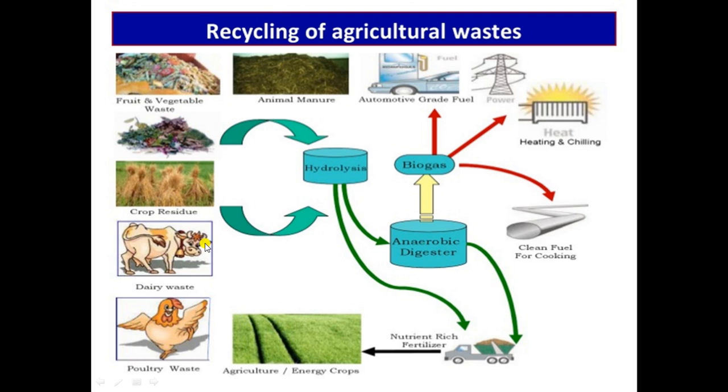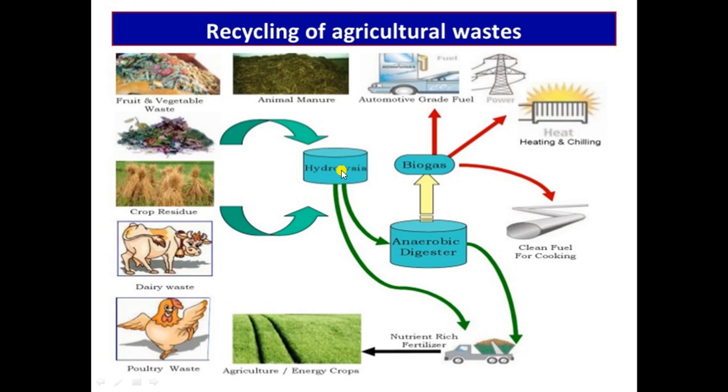So this waste is first collected and put in a tank for hydrolysis. The first process of waste recycling is hydrolysis. First the waste is hydrolyzed, then after the hydrolysis some water comes out. That water is rich in nutrients, so that water can go to your feed.